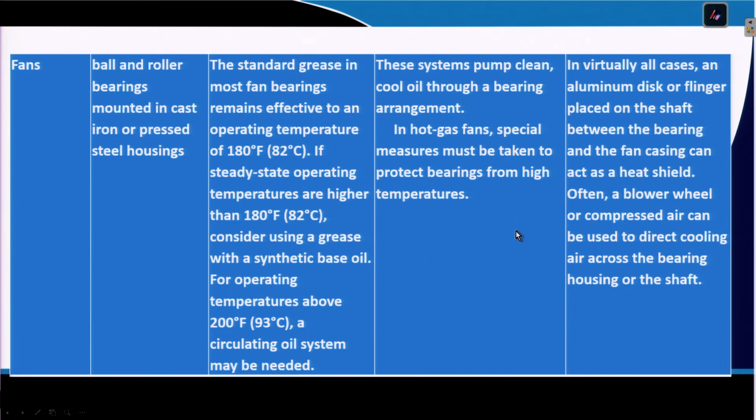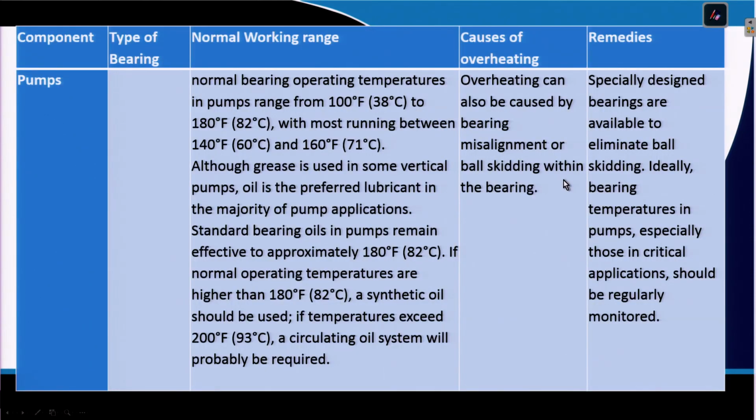Sometimes a blower or compressed air can be used for directly cooling. You might see that on many fan driving motors there are certain fins. Through these fins air goes, and you increase the surface area. When you increase the surface area, more heat dissipation occurs, and ultimately the bearing zone remains cool.